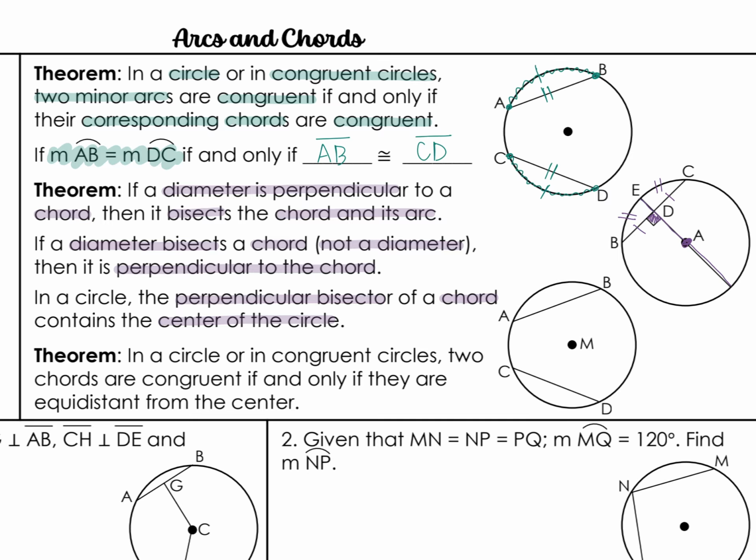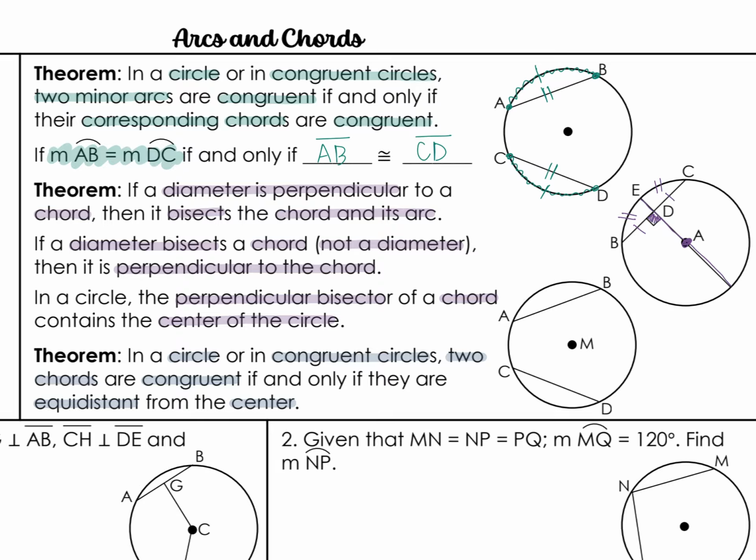All right, and then lastly, we have in a circle or in congruent circles, 2 chords are going to be congruent if and only if they are equidistant, so the same distance from the center.